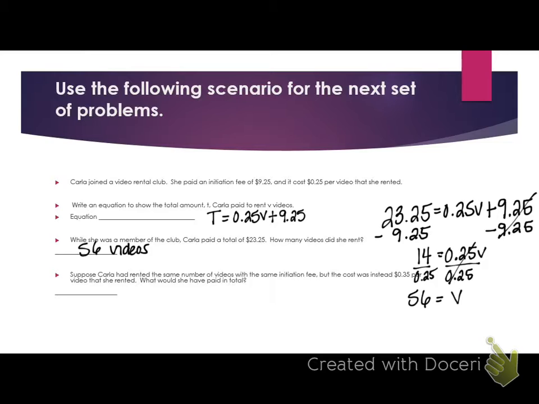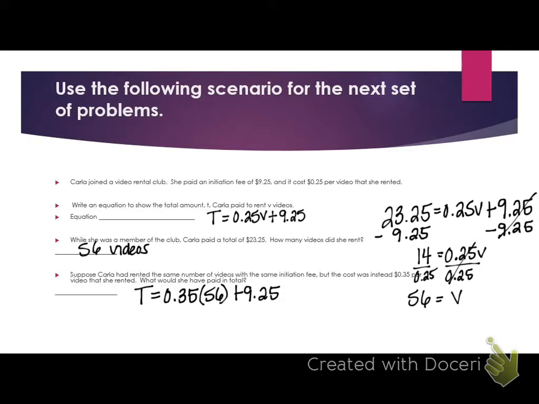And our final question says, suppose Carla had rented the same number of videos with the same initiation fee, but now the cost was instead 35 cents per video. We want to know what would be her total. So we're looking to figure out her total. She's now paying 35 cents per video, and she still rented 56 videos, and she still had an initiation fee of $9.25.